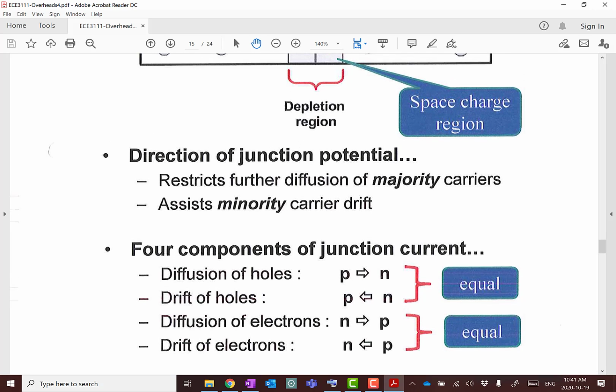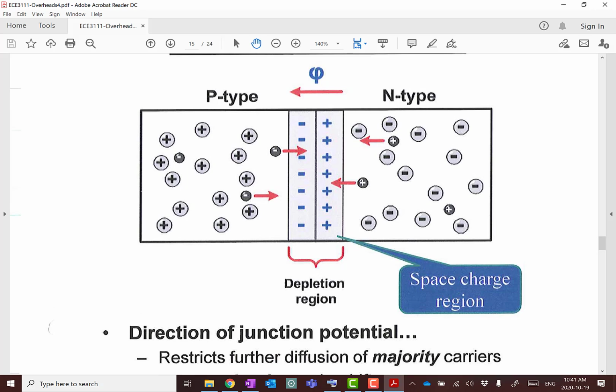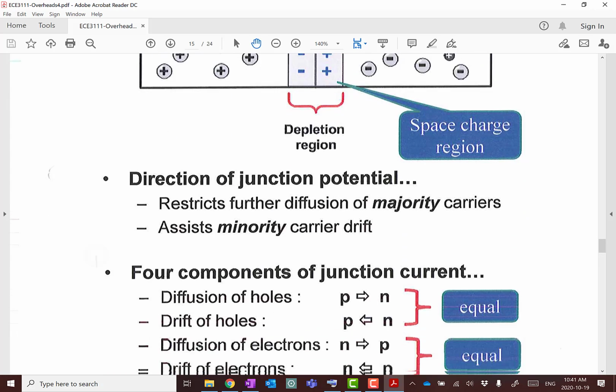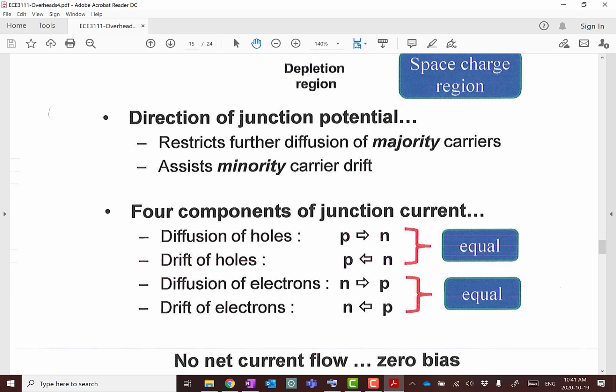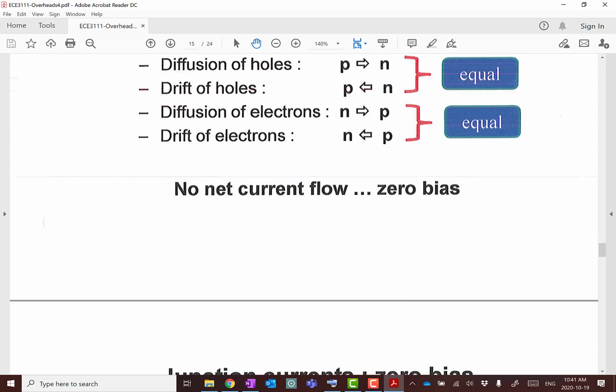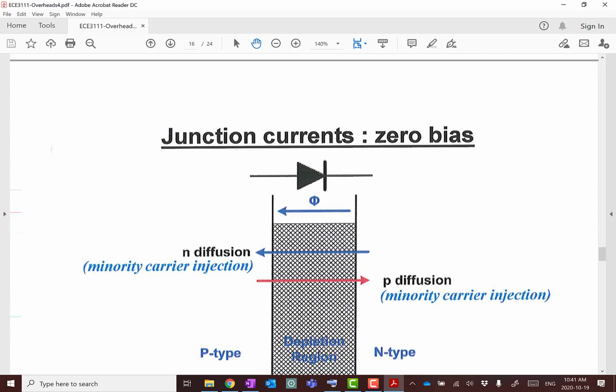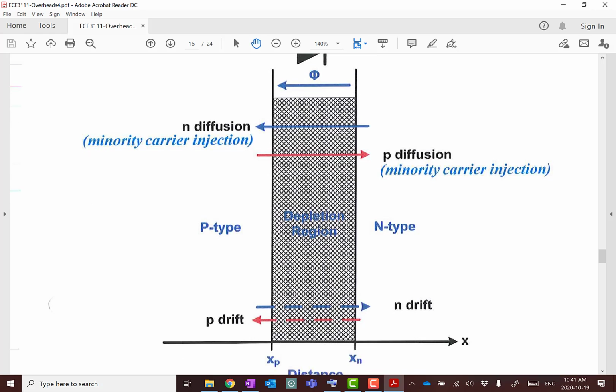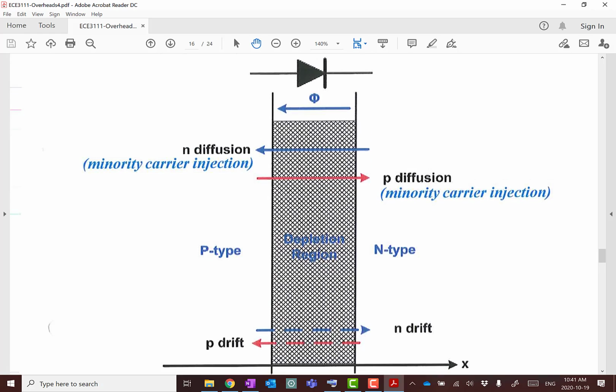At the end of the day, without any external connection to this PN junction, all of these currents have to equal out. Any diffusion current has to equal the corresponding drift current.